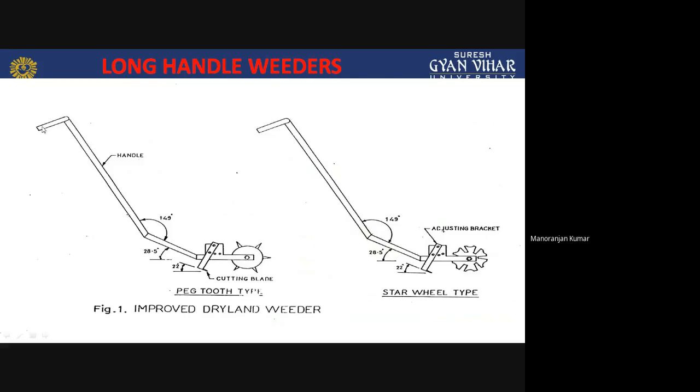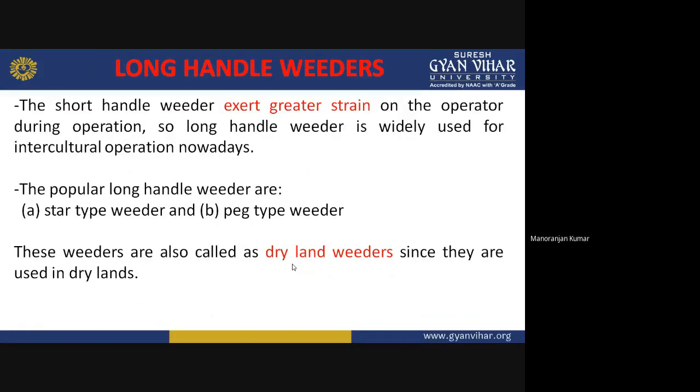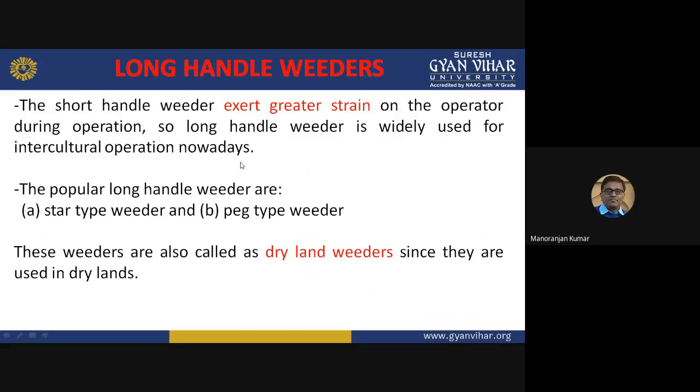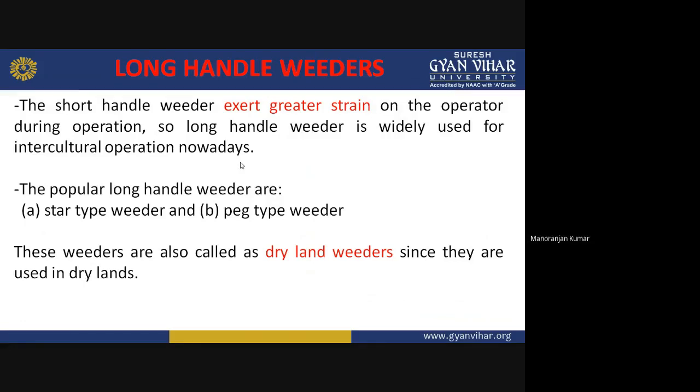Here the handle is long, so there will not be so much strain on the human body when any person is operating this in the field. The short handle weeder exerts greater strain on the operator during the operation.